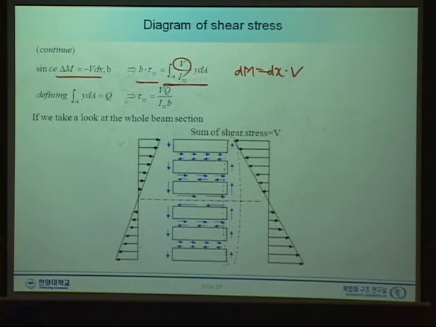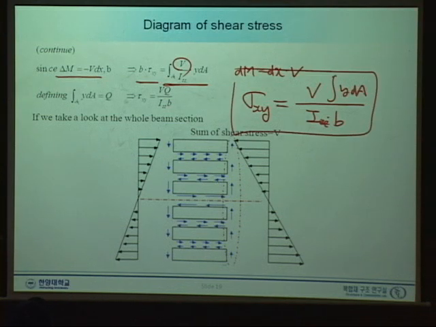And simply, okay, I'll write down here sigma xy equals V over I zz b times the integration of y dA. That is the final equation, and this one we define as Q. But remember, what's the definition of this one?